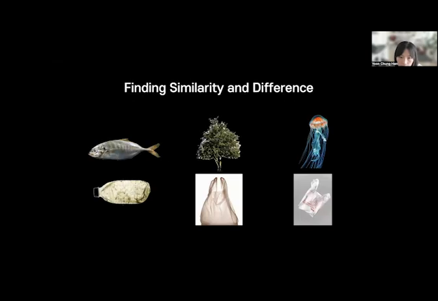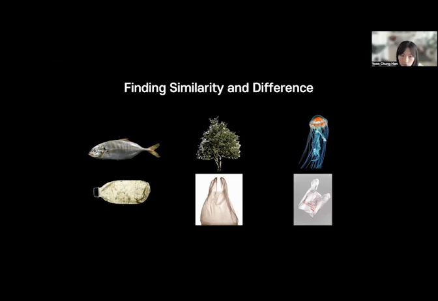So finding similarity and difference was the first thing. As I mentioned, some of the plastic objects look like some kind of creatures in nature. So I tried to find similar objects, replace them, and embed them into the nature landscape.